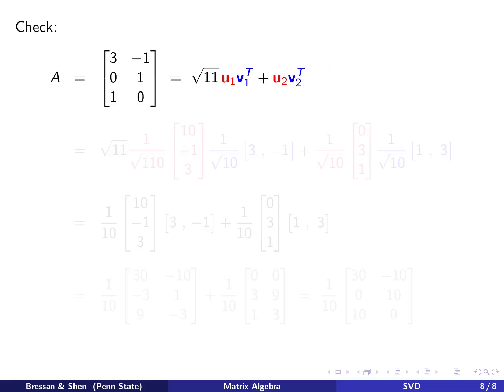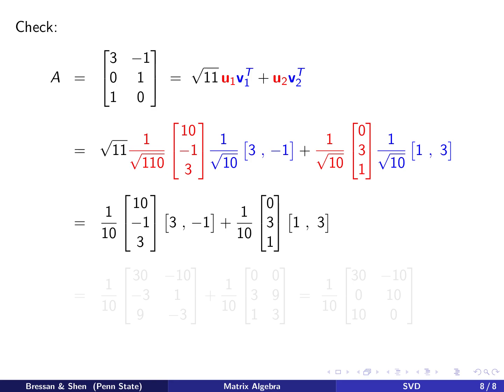Now let's verify if this expression is true. So A is this, and then we want to calculate it as we indicated in the previous slides, that is sigma 1 u1 v1 transpose, and then sigma 2 u2 v2 transpose.